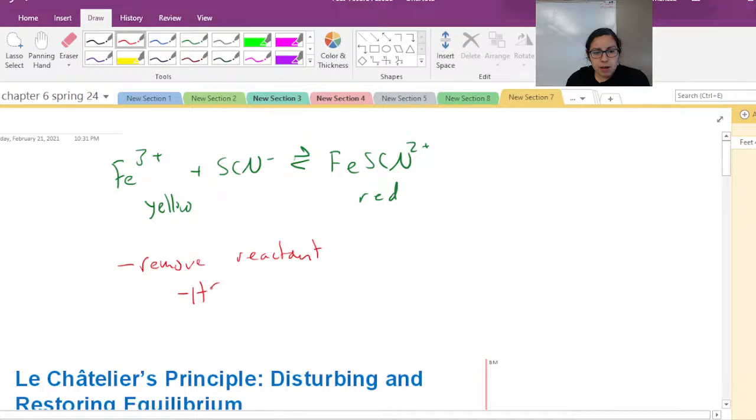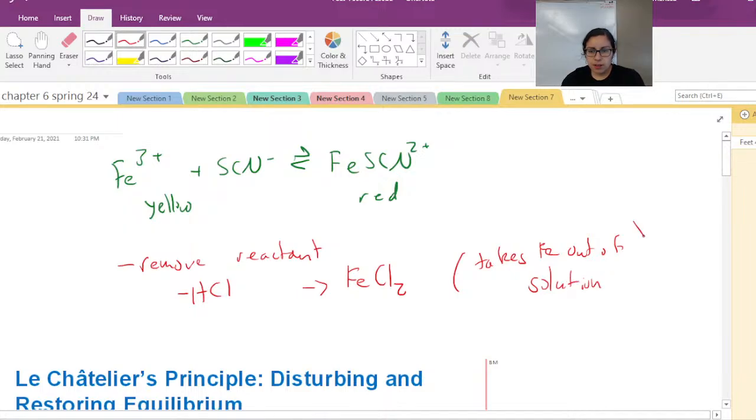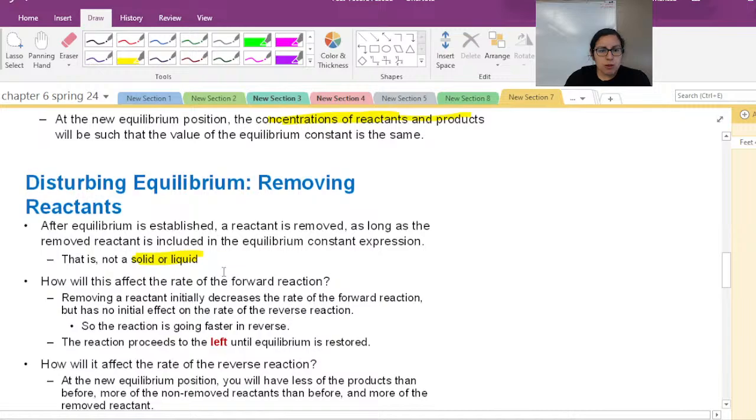So I believe in lab we add HCl, which makes iron chloride and takes iron out of solution. And so now we're doing what the text says, right? It says we're removing reactants.